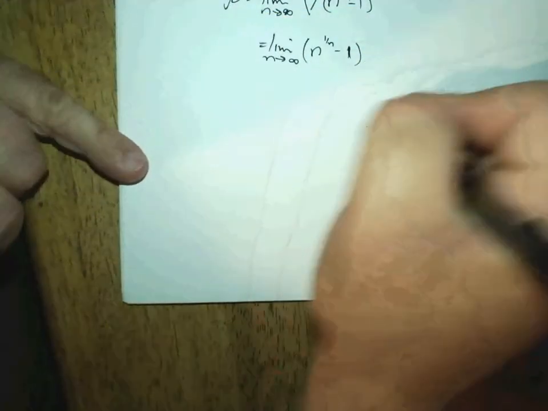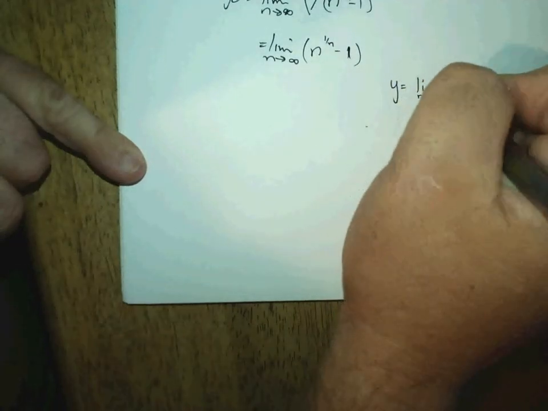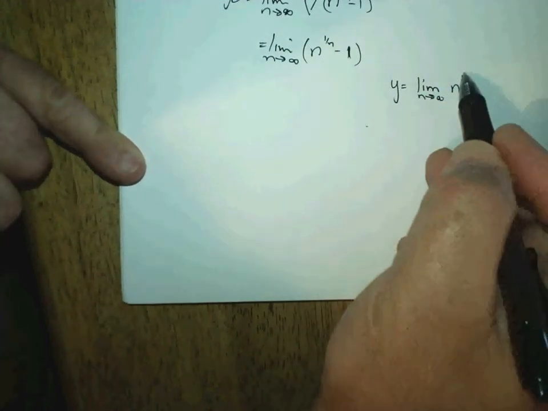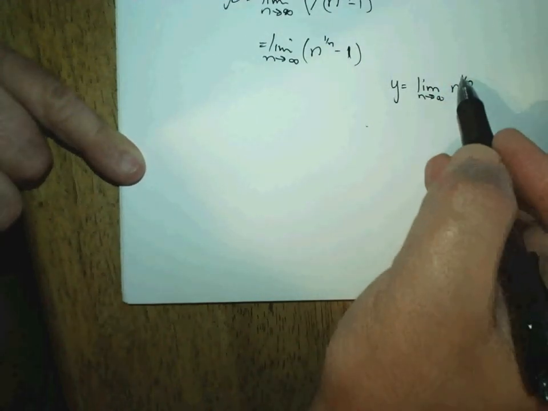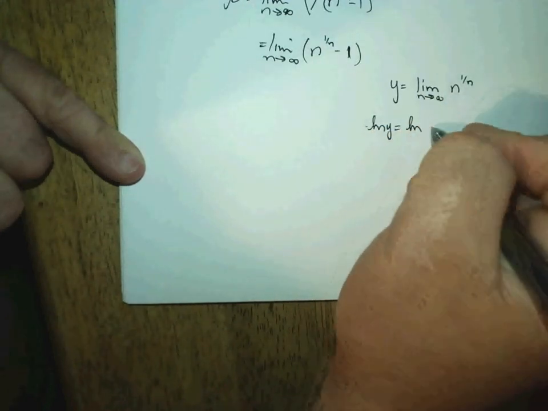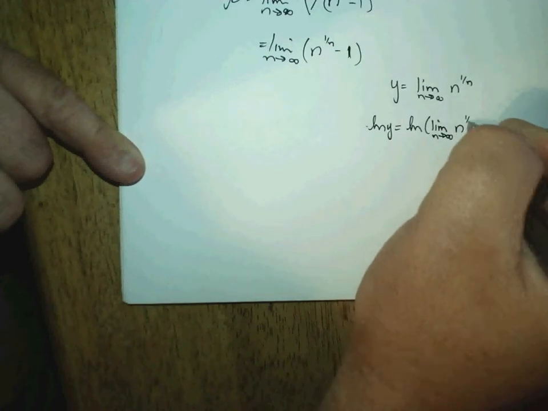And so the question is, what's the limit of n to the 1 over n, right? I know the limit of 1 is 1, but what's that limit of n to the 1 over n? So off to the side, what the heck would you do here? You'd use the logarithm to help you with this.